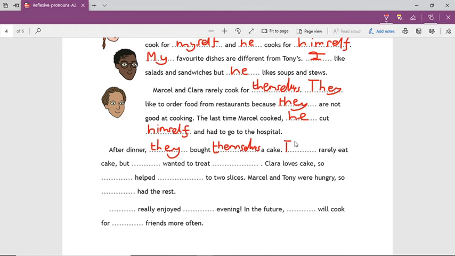So next up we're going to carry on using "they". They rarely eat cake, but they wanted to treat themselves.